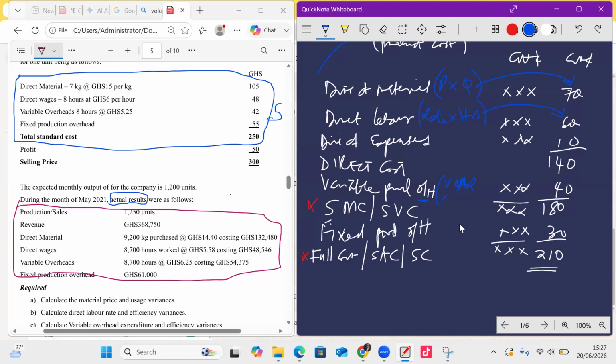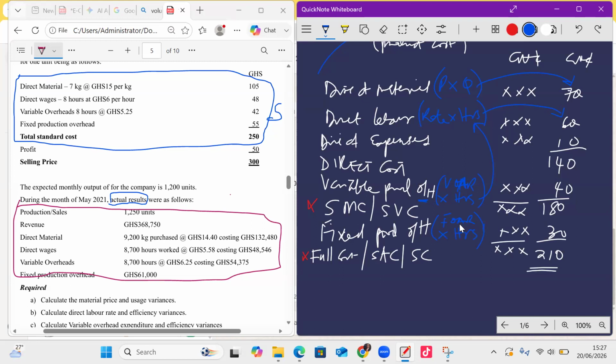Then a variable, we multiply it by hours, because mostly or sometimes overheads are absorbed on the direct labor hours. Then when it comes to the fixed too, we need an OAR. What type of OAR? The fixed OAR. Multiply by what? Also absorbed on direct labor hours. Mostly, not all, let me say sometimes.